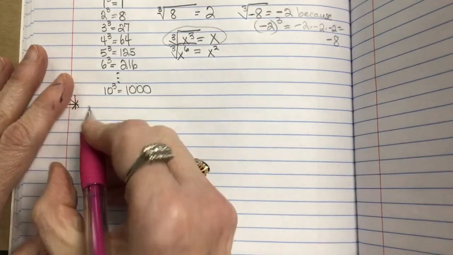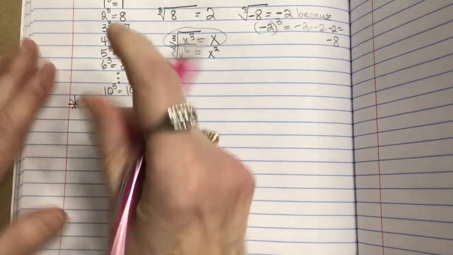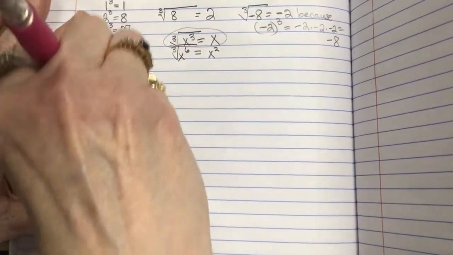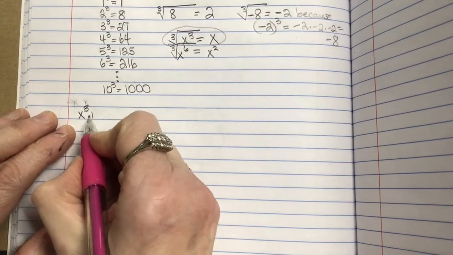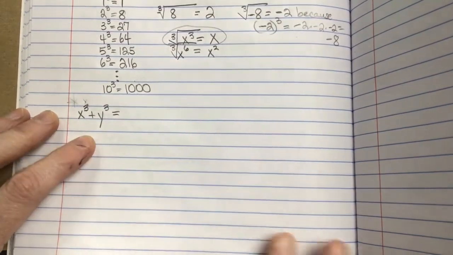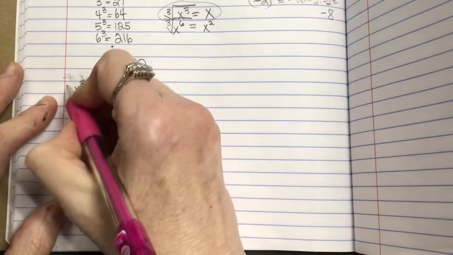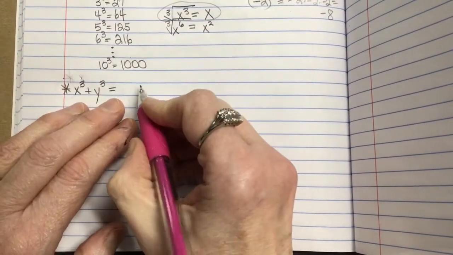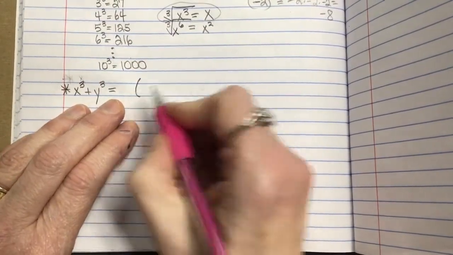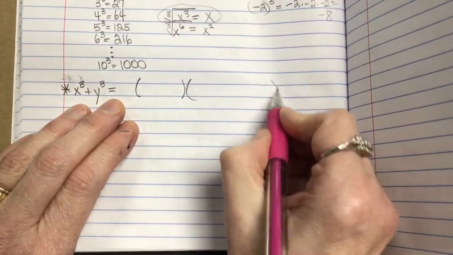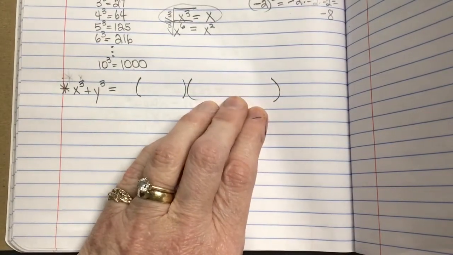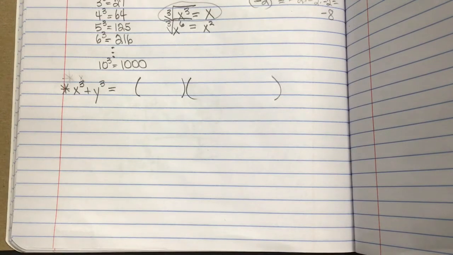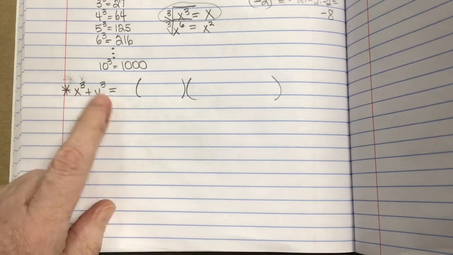Start with the sum. So I'll do x cubed, actually I'm going to move that down, because I'm going to write some stuff over it. So that would be considered the sum of 2 cubes. And it factors into a binomial and a trinomial. Two terms binomial, 3 terms trinomial. When you do the difference of 2 squares, the first thing you had to do was take the square root of both of the terms.